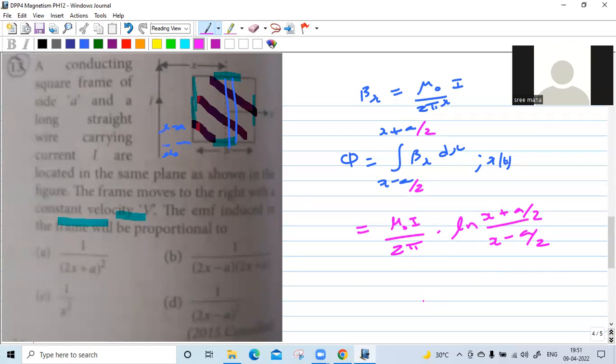Okay, so to get the induced EMF, how to do it? d phi by dt. So here you get dx by dt, and in terms of dx by dt, I will put the velocity. Solve it.